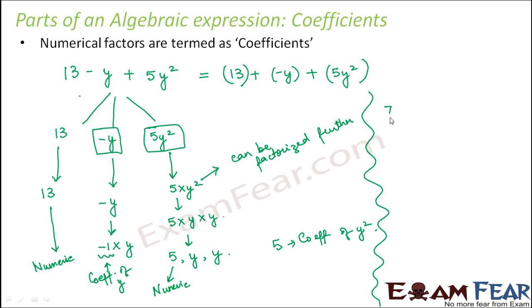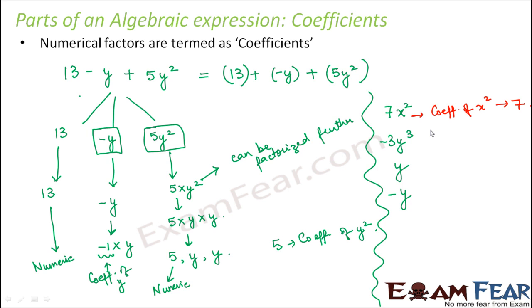So let me give you examples of some terms. For example, you have 7x square, minus 3y cube, y, and minus y. So these are examples of terms. If I ask you what would be the coefficient of x square for this particular term, the coefficient of x square in this case would be 7, because 7 is the numeric factor for x square.